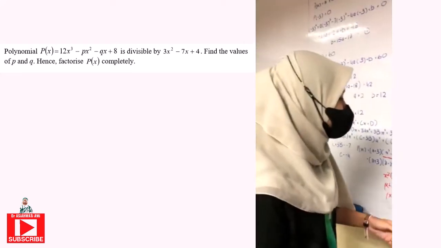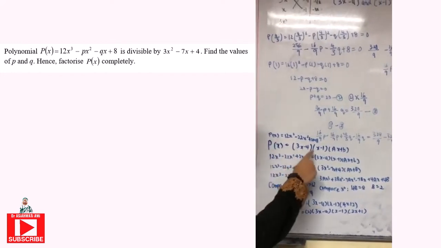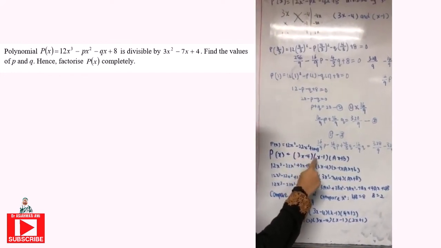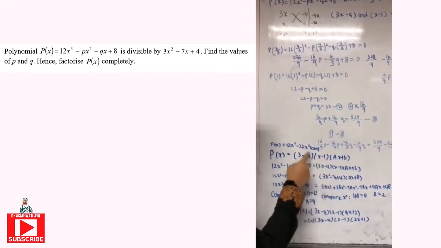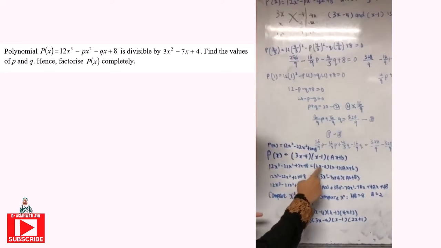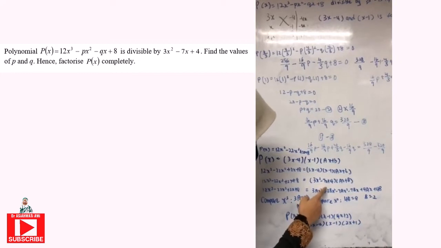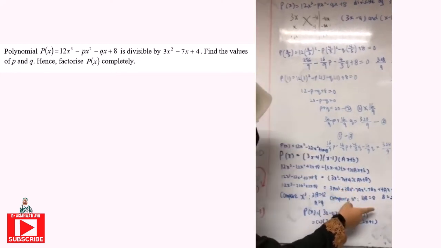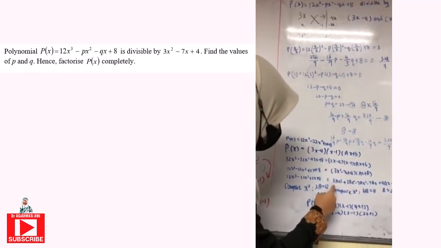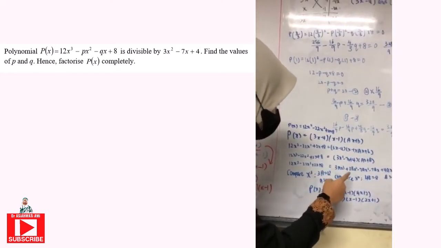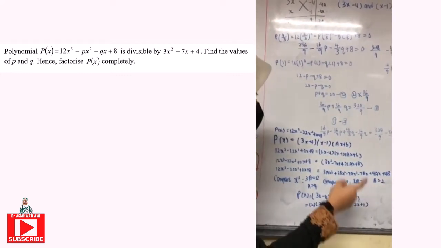Okay, so next we need to compare. So we need to multiply (3x minus 4)(x minus 1) times (ax plus b), so that we can get x cubed. Then we multiply and get (3x squared minus 7x plus 4) times (ax plus b), and then we get 3ax cubed plus 3bx squared minus 7ax squared minus 7bx plus 4ax plus 4b.